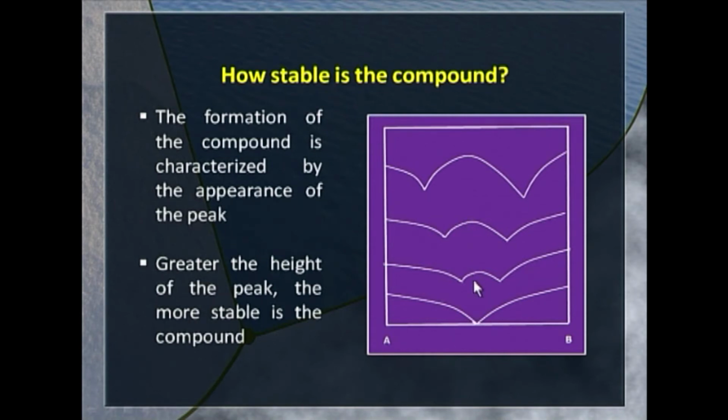If it is less stable, smaller still, and ultimately the compound, if it is formed, may not be stable enough to reach the eutectic point itself. Therefore, in the case of systems where the stability of the compound is in doubt, what you get is a simple eutectic system.